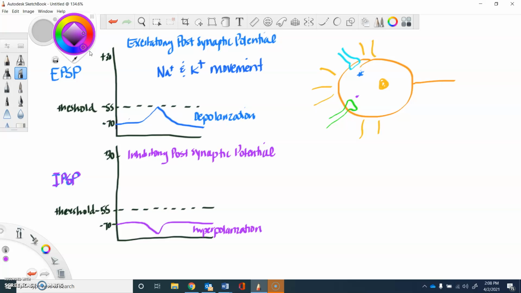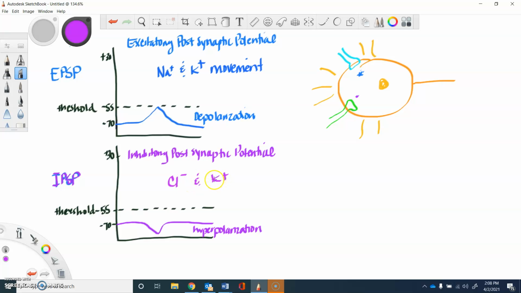In an inhibitory one, it's chloride ions and potassium. So that means chloride is coming in and it's a negative ion.